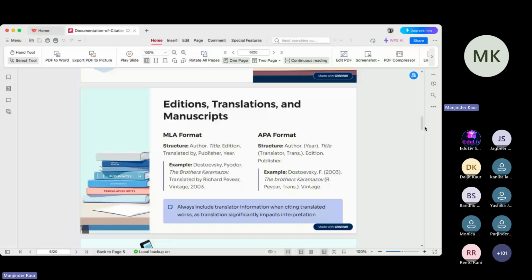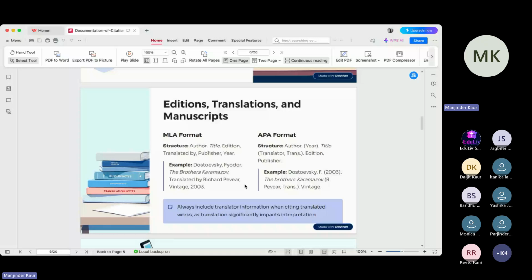So we have written the name of the translator also, because the translator has done a valuable job of translating. And sometimes there are two to three translators to a work. We have to let our readers know which translator's translation we are using for our thesis, followed by a comma.